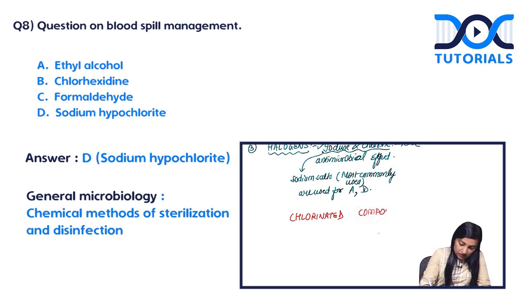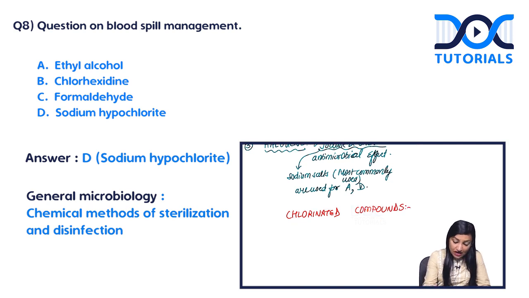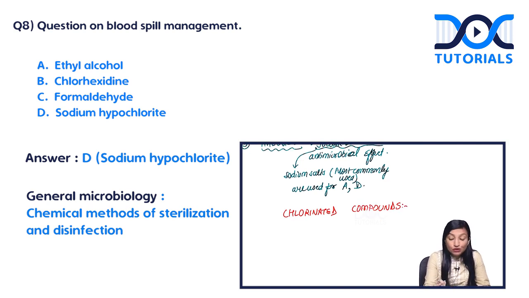Chlorinated compounds. Now, the very first fact which I want you all to remember regarding chlorine or chlorinated compounds is, remember, C for chlorinated and C for corrosive. So, the very first point which you need to remember about these compounds is that they are corrosive. So, they are not used as antiseptic agents.